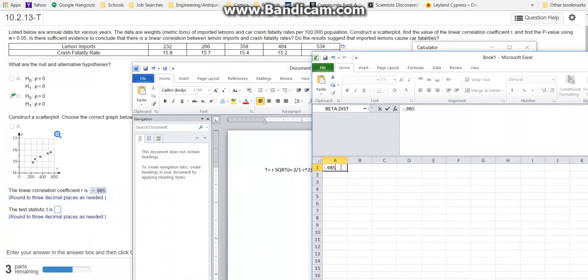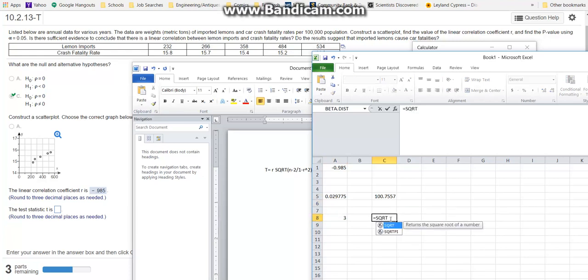So I know that the correlation is negative 0.985. So 1 minus negative 0.985 squared is going to give me that. And then I know the numerator is going to be 5 minus 2, which is 3. And then if I take 3 divided by 1 minus R squared, that gives me what's inside of the square root.